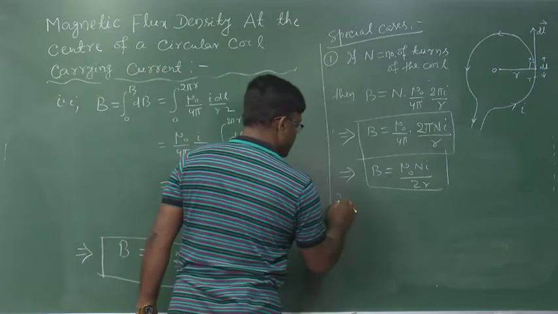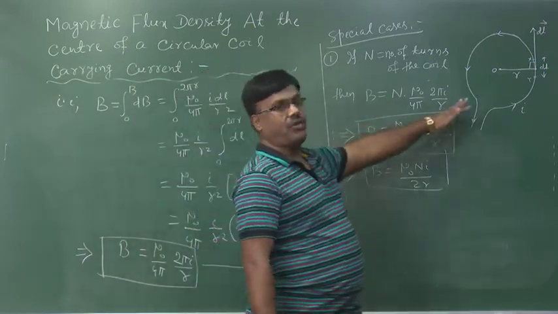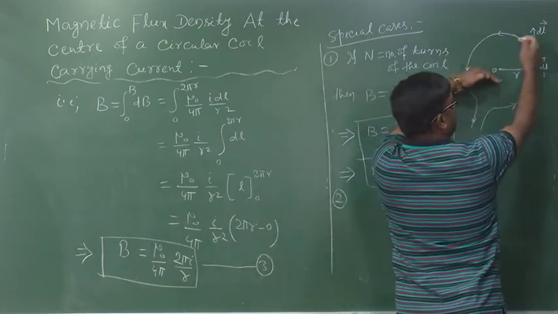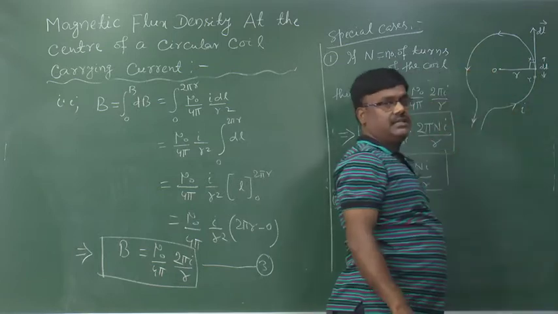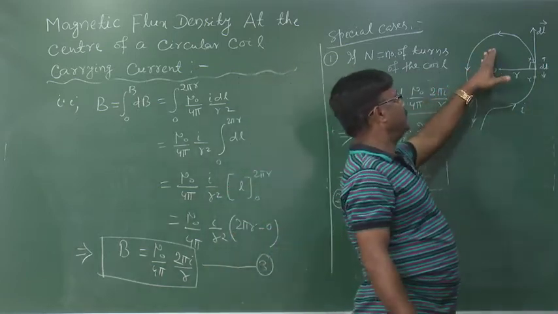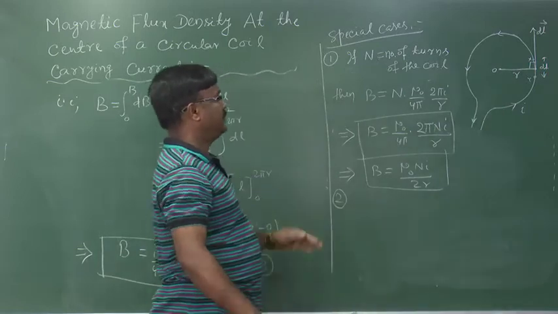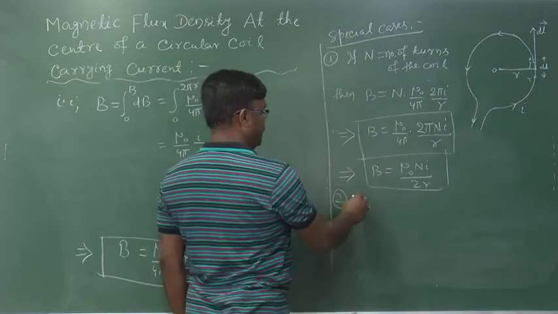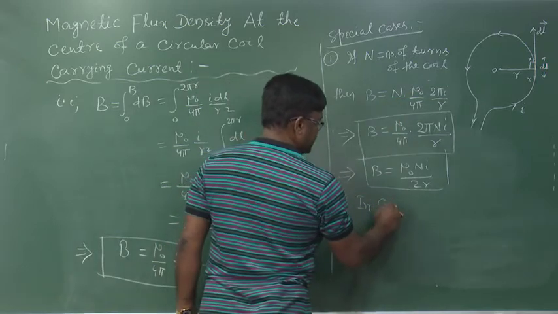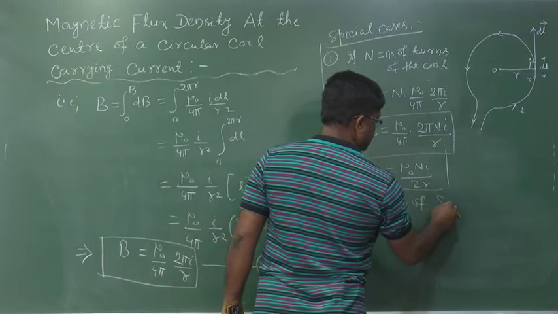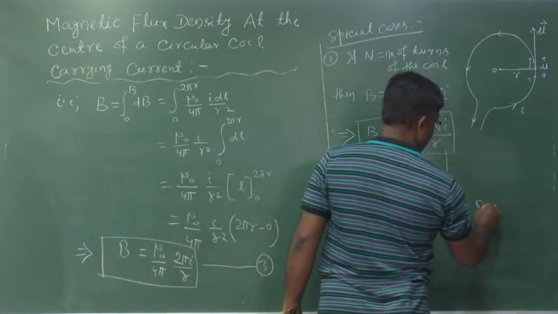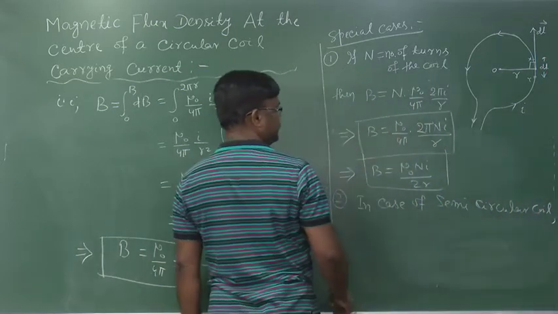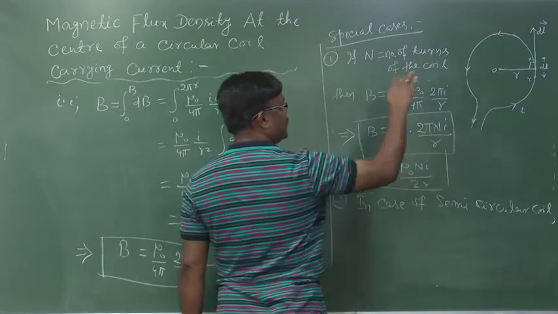And number 2, if the coil is semicircular, where the upper half portion is there and the lower half portion is not there, then we have to take the integration from 0 to pi r. So, in case of a semicircular coil, the integration will be from 0 to pi r.